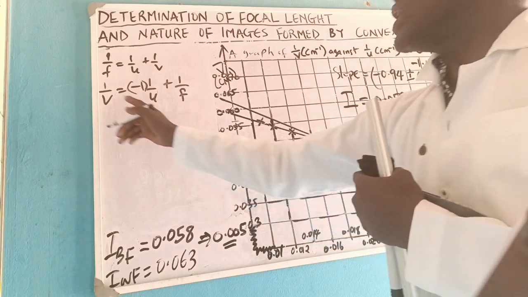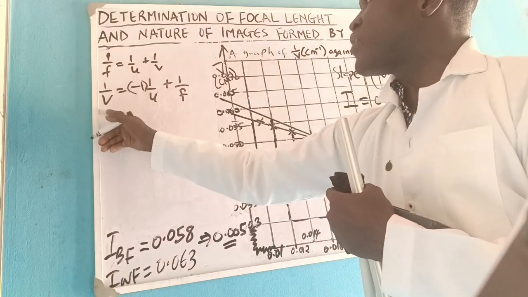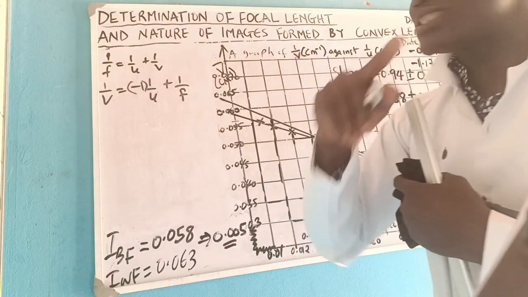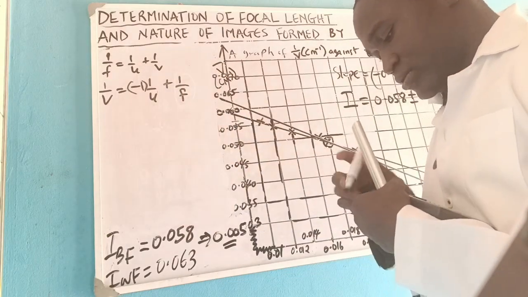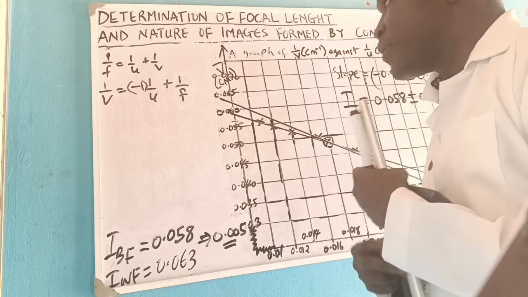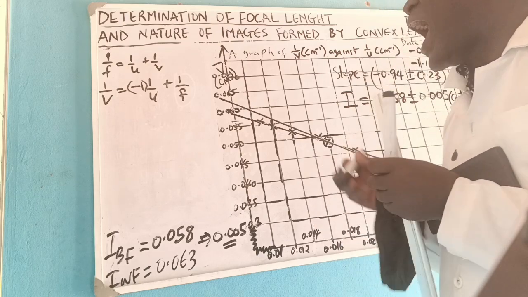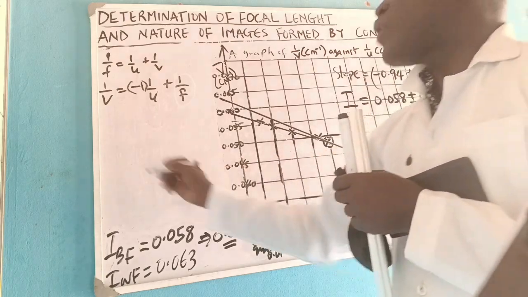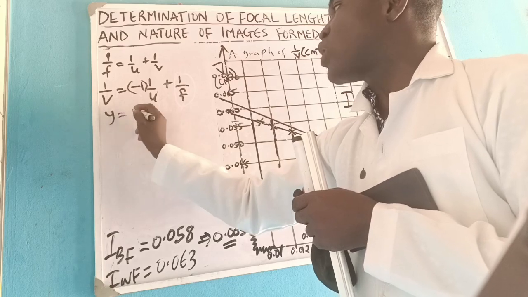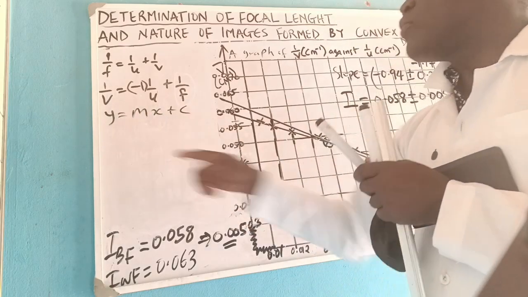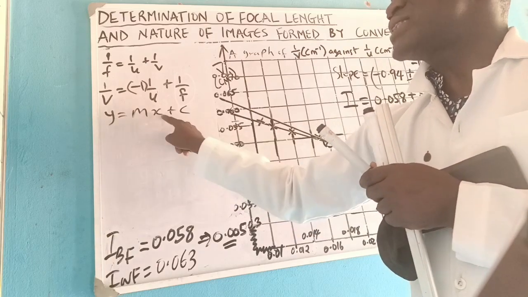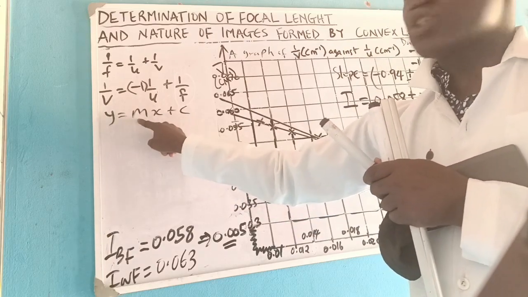Now, from this, when you plot the graph of 1 over v against 1 over u, the implication is that 1 over f will be your intercept. How do we know that? From our equation of a straight line, y equals mx plus c, we said when you plot the graph of y against x, m will be the slope.